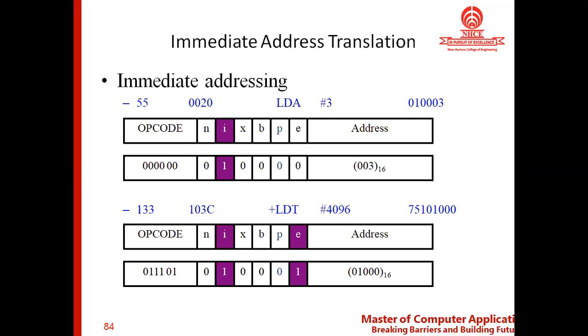And if you see the address field, since it is format 4, in the address field we have 20 bits instead of 12 bits. That is the reason the 4096 is represented as 01000. Why not 4096? I already told you that the maximum limit is 1000.